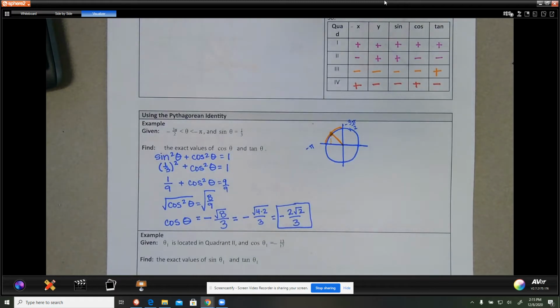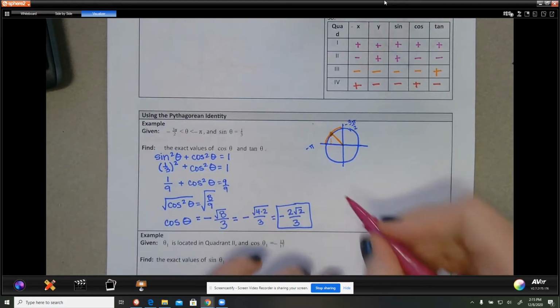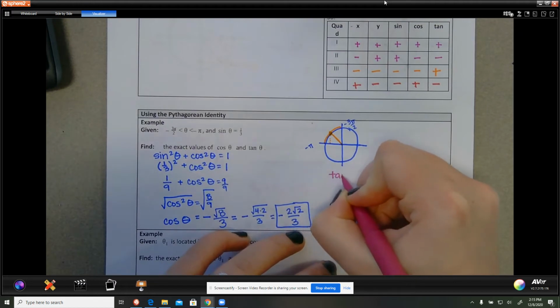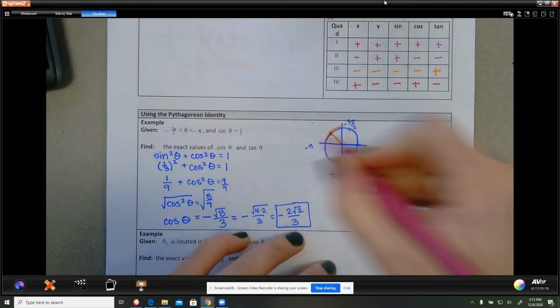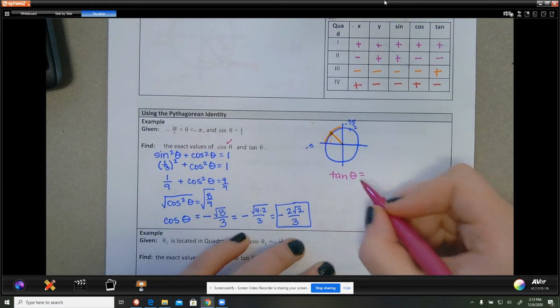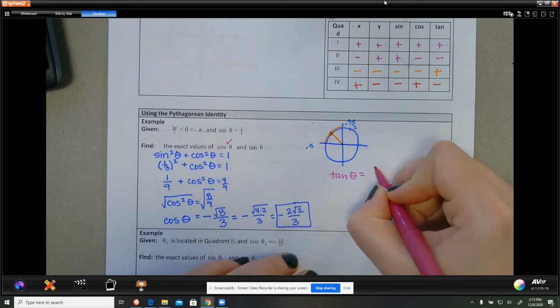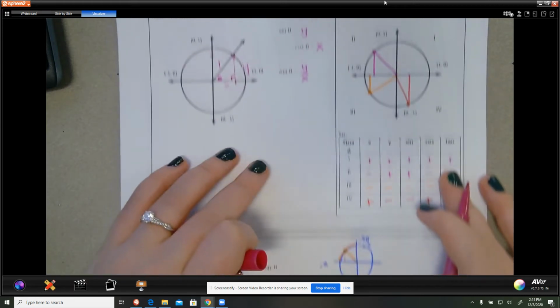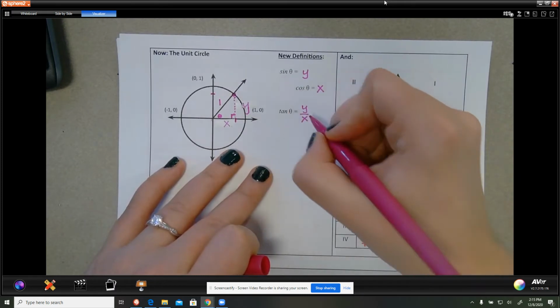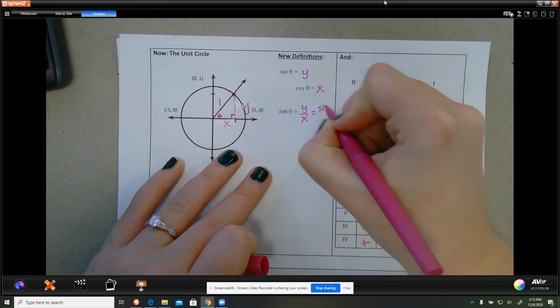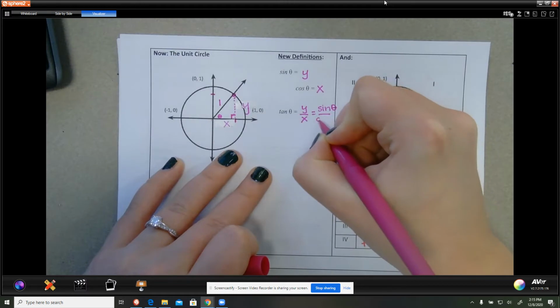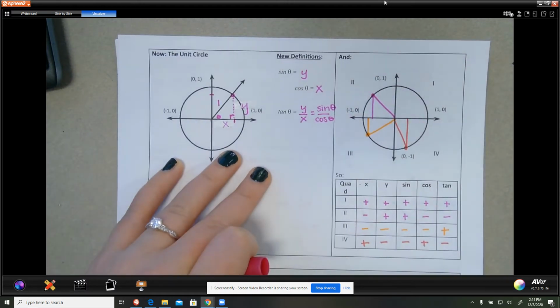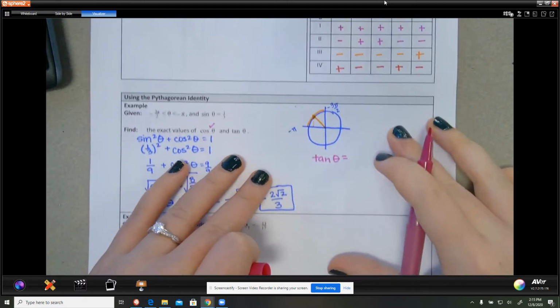Now, a little tidbit to help. When I find the tangent of theta, because I need to find cosine and tangent, that is equal to y over x. Y is the same thing as sine, and x is the same thing as cosine. So we want sine theta over cosine theta.